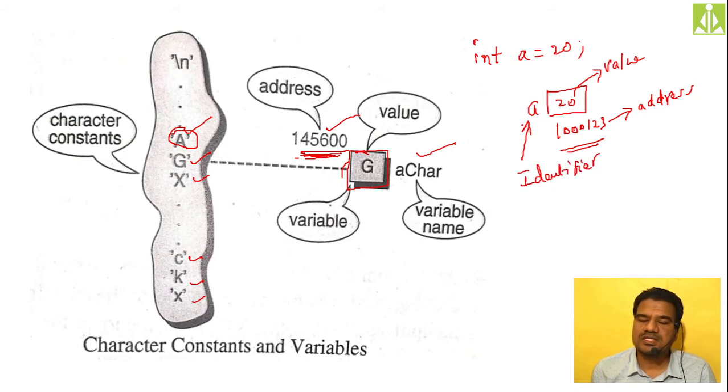Using this identifier you can access this memory location, and also using this address you can access this memory location. From now on we have two different ways to access these memory locations, one with the help of the identifier and the other with the help of the address. We are already quite familiar with using the identifier to access the memory location, and now we will learn how we can access the memory location by using the address. Hopefully you understood.